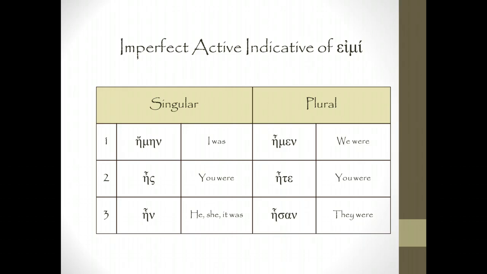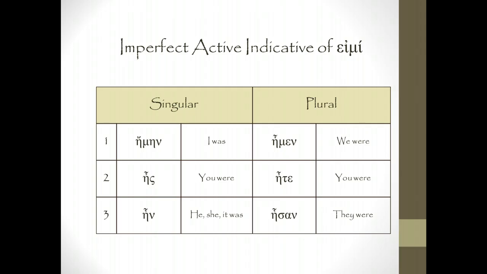Just like you saw in the present tense, in the imperfect tense, we have a series of imperfect verbs here that are to be that stand alone. These are not endings, and you'll be seeing these as they appear in translation. Amain, I was. Ace, you were. Ain, he, she, or it was.